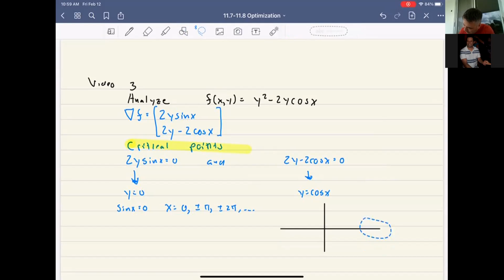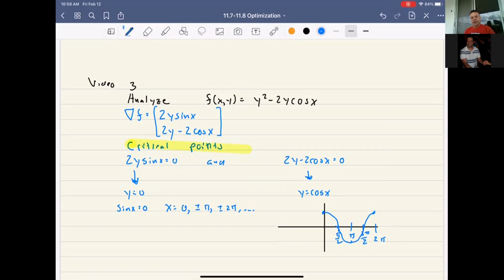Cosine, remember, looks like this, say this is 2 pi, pi. It starts at the top, middle, bottom, middle, top.